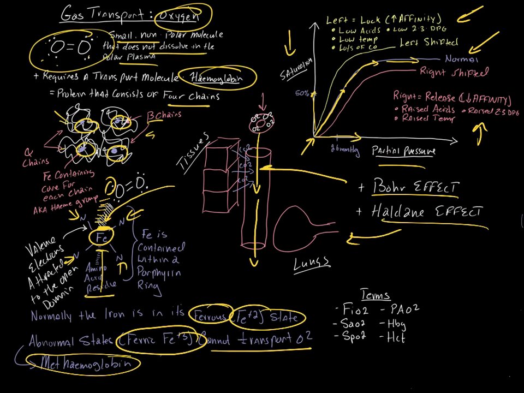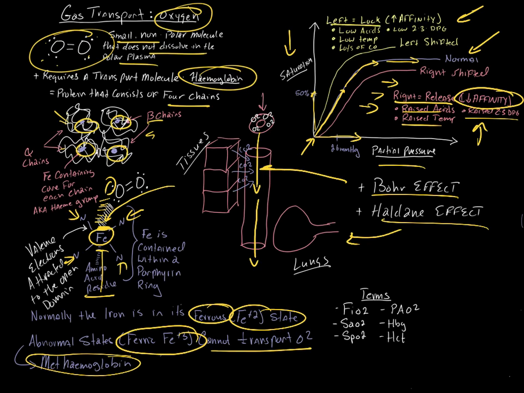Right? And we talked about what can right shift the hemoglobin. A right shift is the hemoglobin wanting to release the oxygen, which is a low affinity for oxygen. And I just said the R's, right? Raised acids or low pH, raised temperature, raised 2,3-DPG, and raised carbon monoxide are all things that right shift hemoglobin.